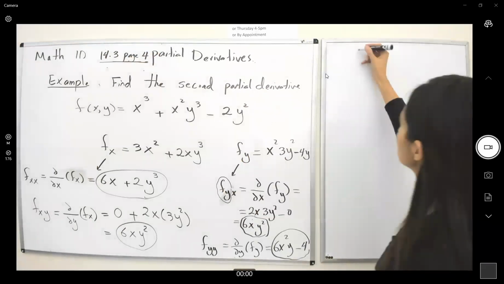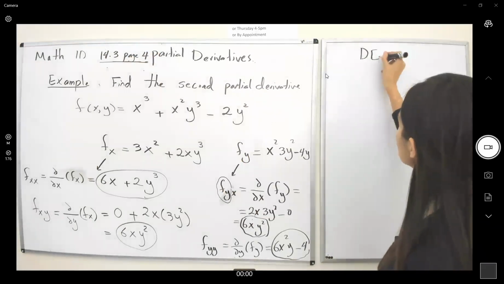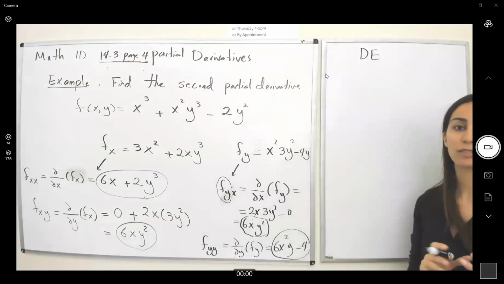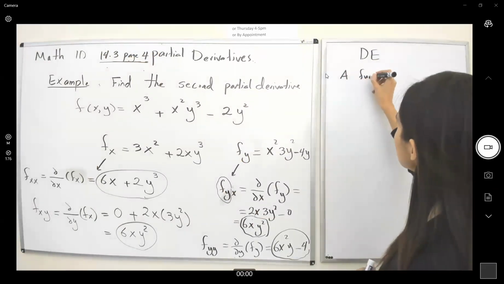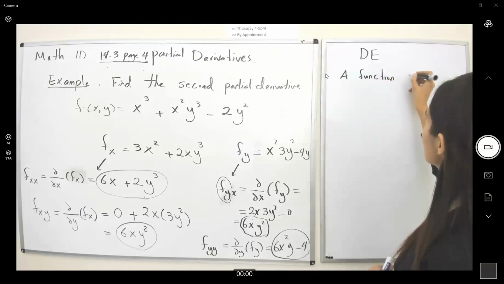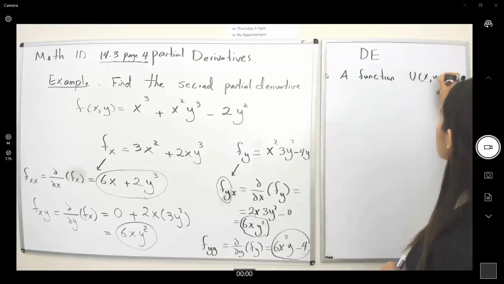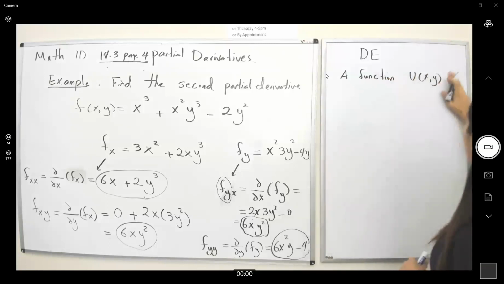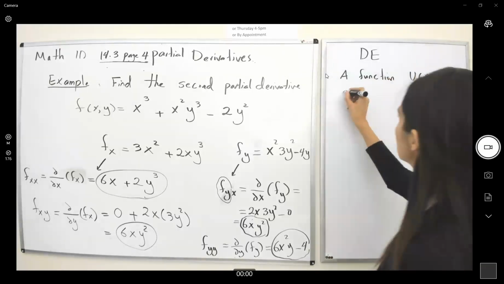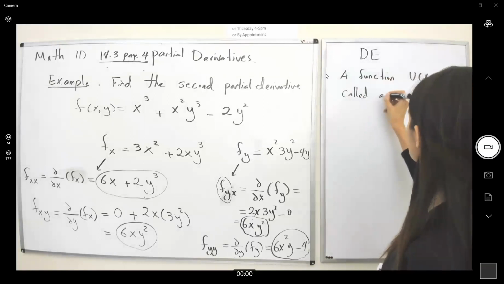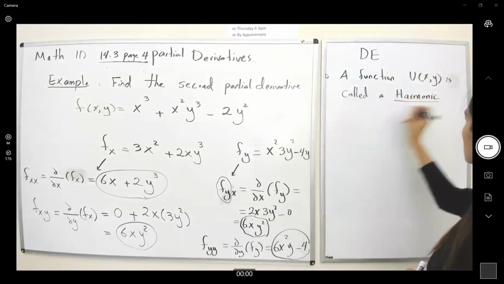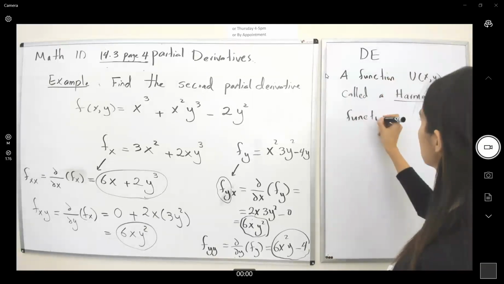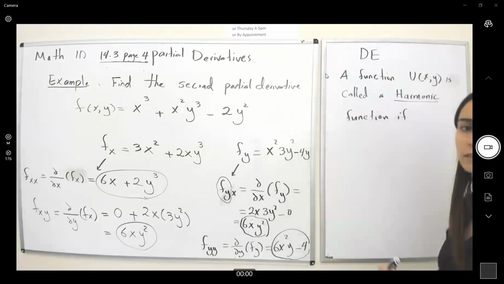A function u of x and y is called a harmonic function if it satisfies this equation.